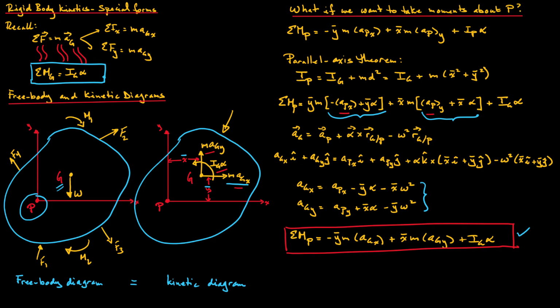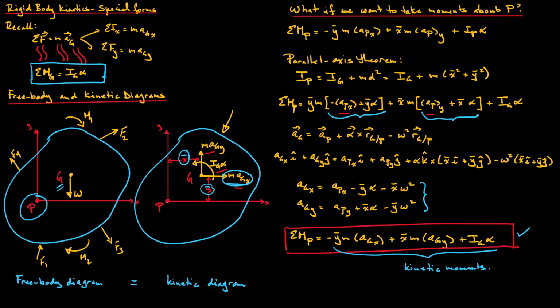So we're taking the moment of this kinetic term about point P. So we have m AGx multiplied by y bar and m AGy multiplied by x bar. So this is what we call, over here on the right-hand side, the kinetic moments.